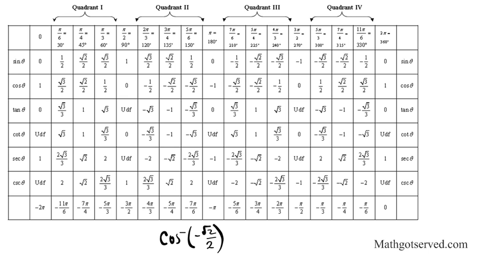So all we have to do is identify negative root 2 over 2 and cosine, and then see what angles give us those output values, okay? So we're looking at cosine. This is the row we're looking at. This is the first negative root 2 over 2. There goes another one. So which angles can give me these output values?